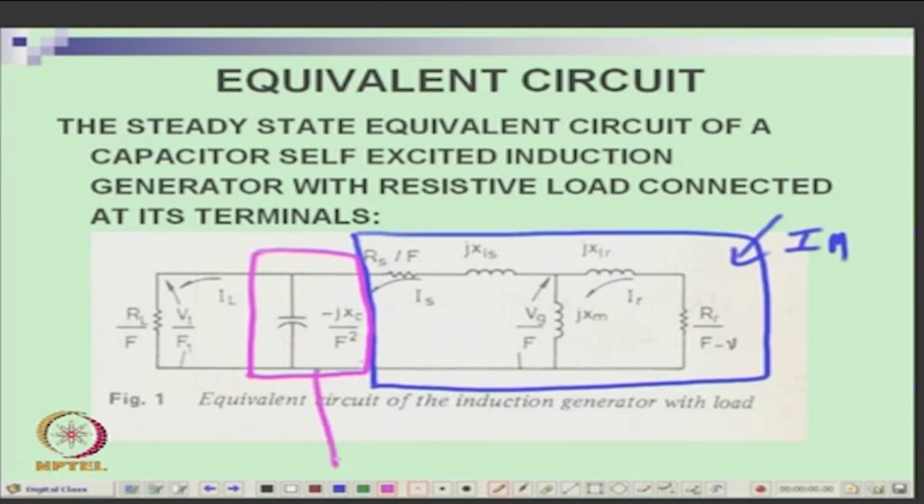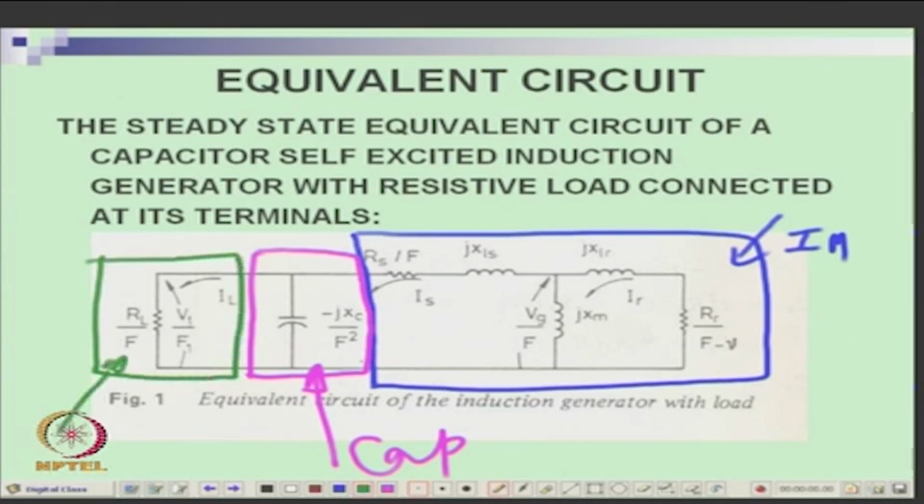You have to model it like this. You have modeled the capacitor which is at the terminals of the machine, and you have modeled the load. I have taken here a purely resistive load. So, this you have done.